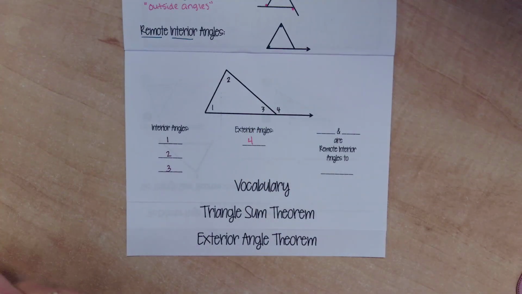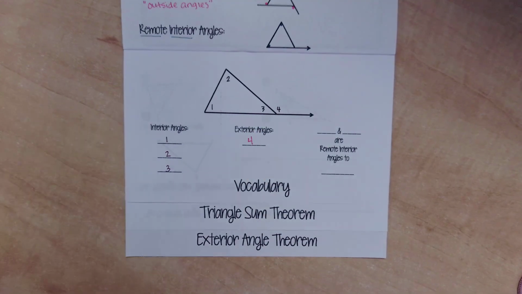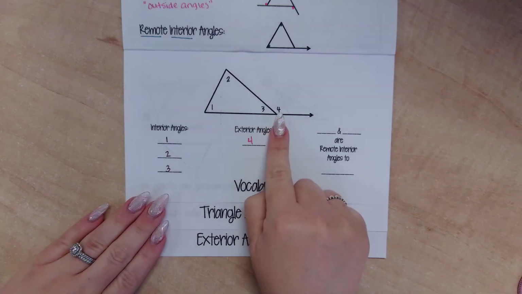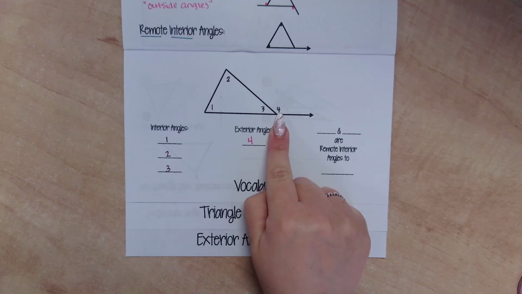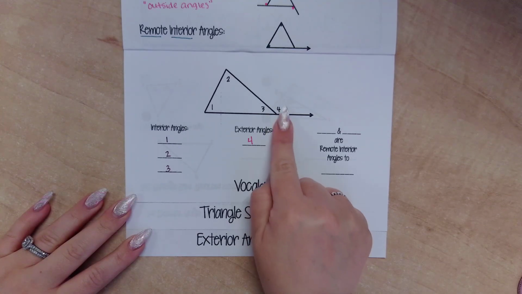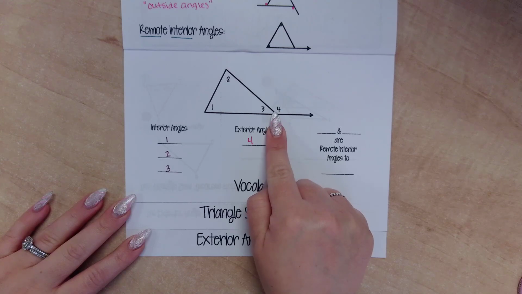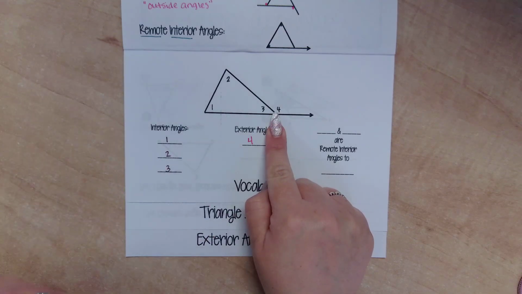And then if I were to ask for remote interior angles, how you know it's remote interior angles is first you have to find the exterior. The exterior angle is 4. The remote interior angles refers to the angles that are not directly touching angle 4, that are away from angle 4.